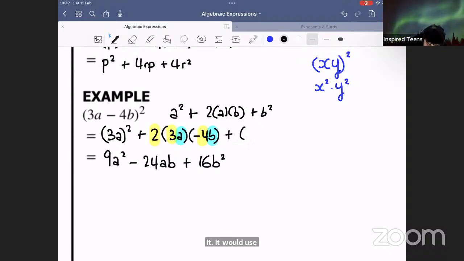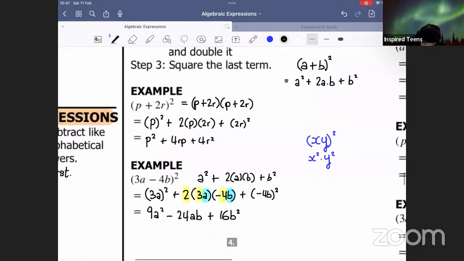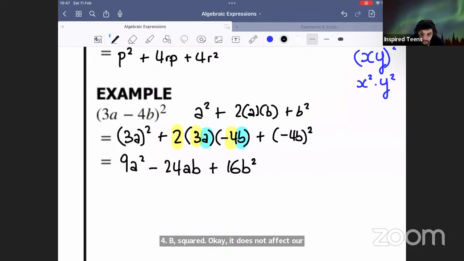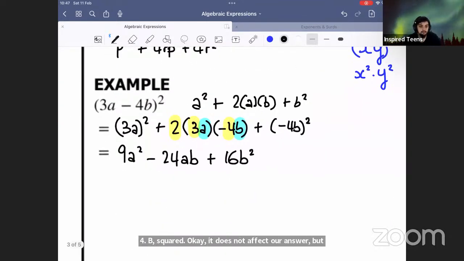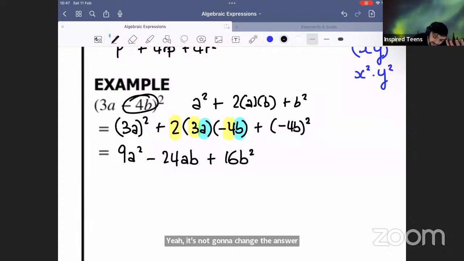But here actually there's one correction. It should be negative 4b squared. It does not affect our answer, but we have to be specific about that. Because the second term is a negative and you're squaring the second term, you have to put negative.